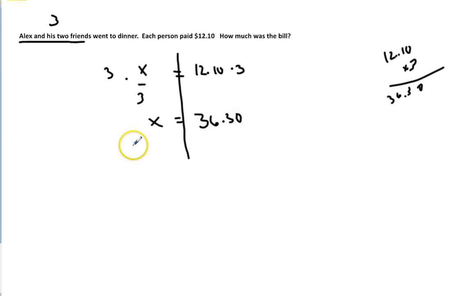So then I would come over here to do my check. So I do 36.30 divided by 3 equals 12.10. And I could do a quick math check by dividing it out. And yes, 12.10 equals 12.10. So I proved that my answer was correct.